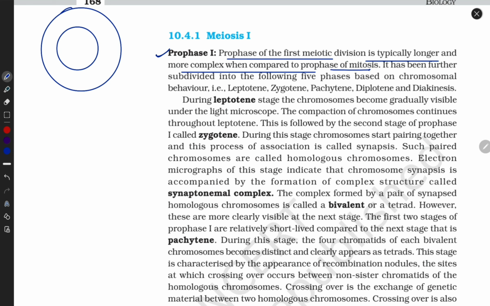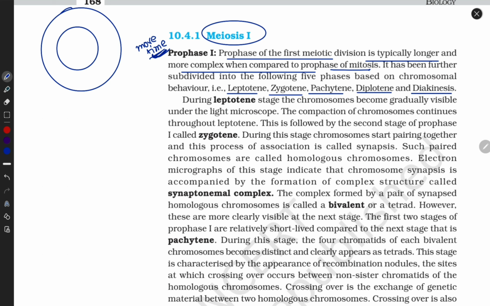They say meiosis is tougher than mitosis. This stage takes more time because it is divided into five phases.